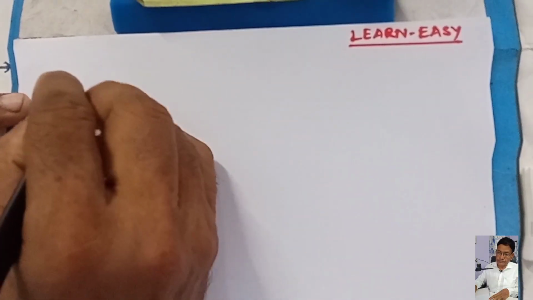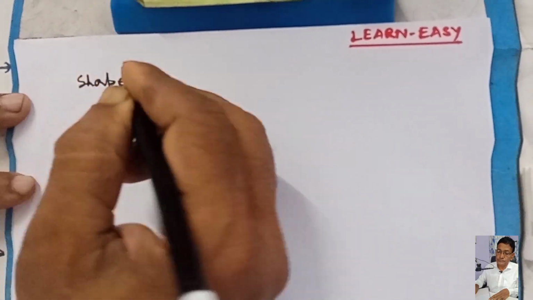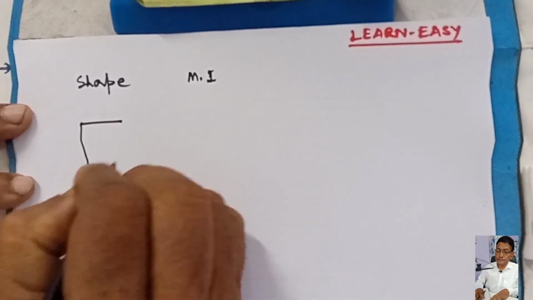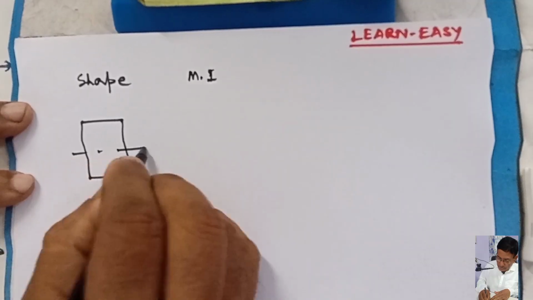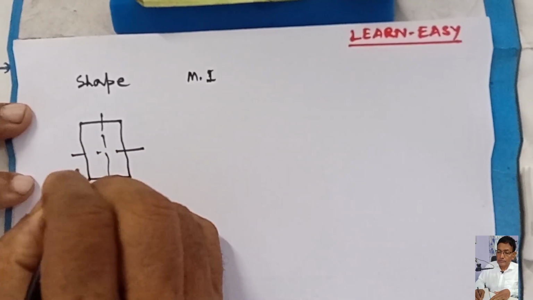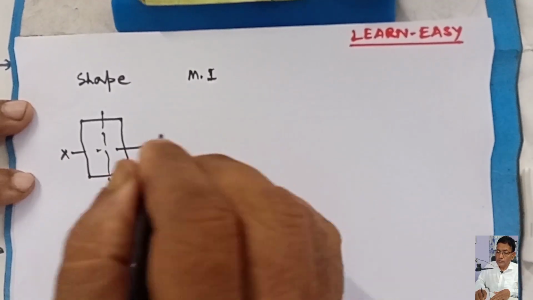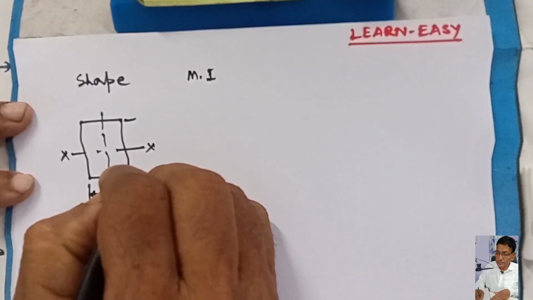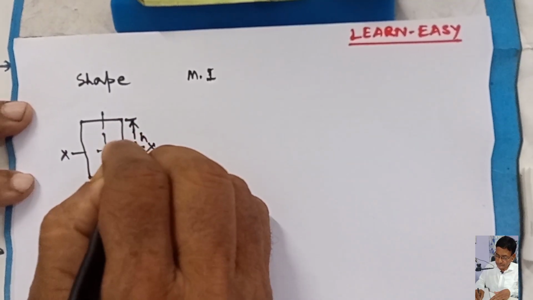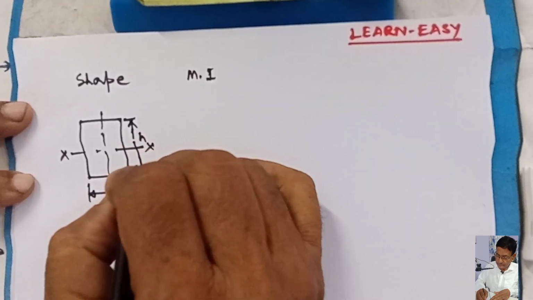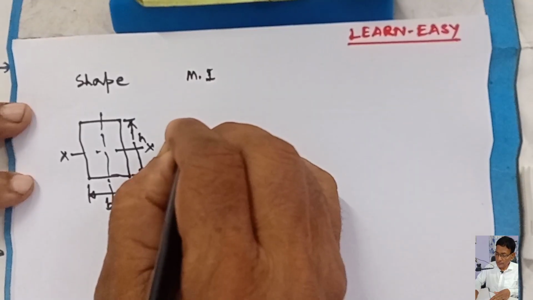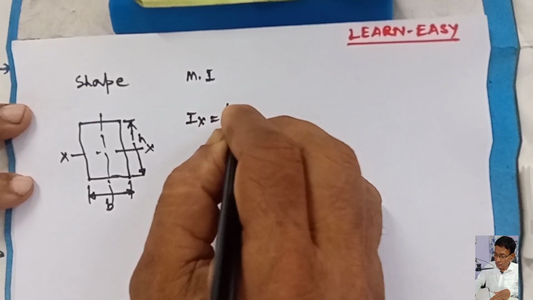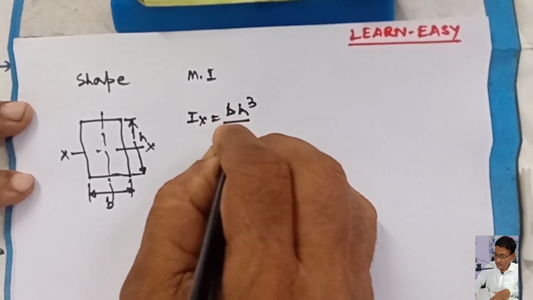Moment of inertia for this rectangular shape, Ix is equal to B H cube by 12.